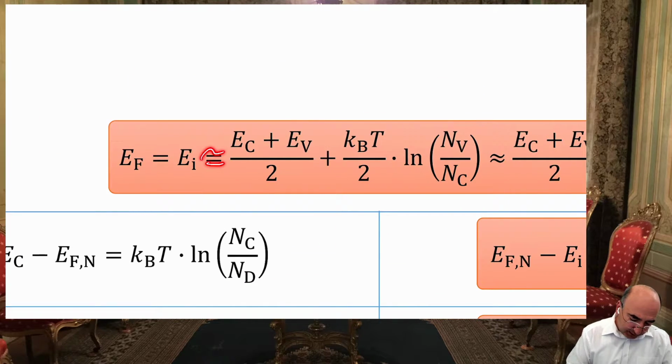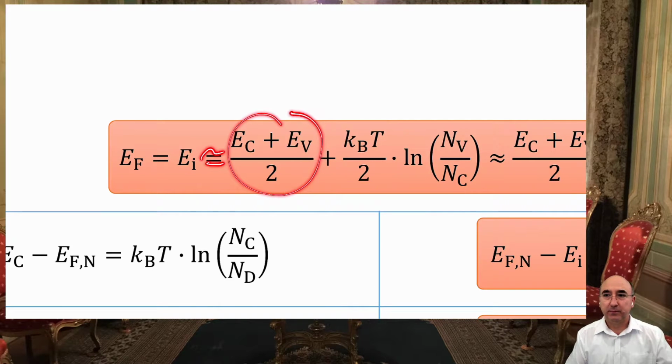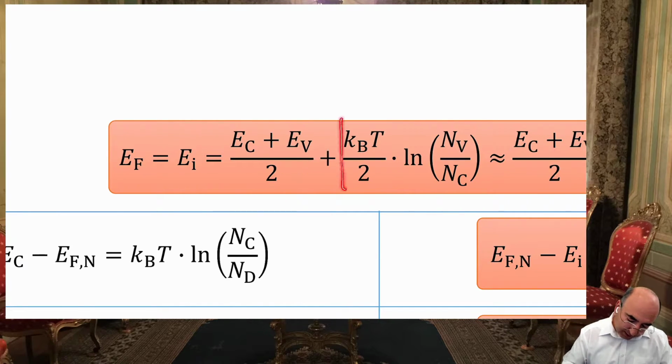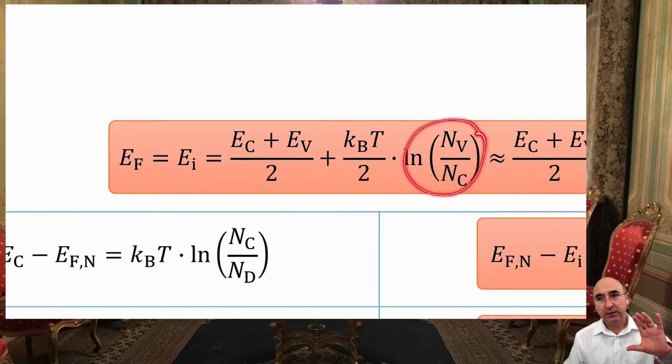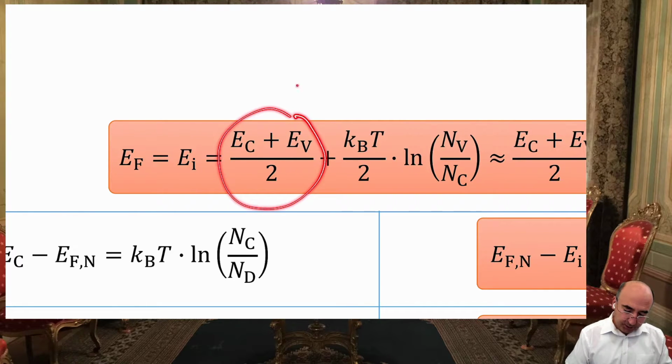Usually, it's roughly really the center, but we have some deviation, which is a function of the imbalance of the effective density of states. But for our lectures, it's okay if we take this into account.